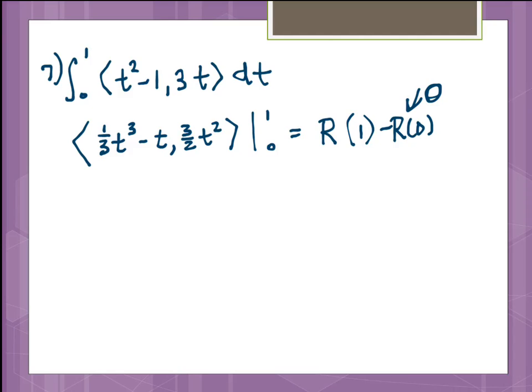All right, so if we evaluate at 1, I've got 1/3 minus 1, and I've got 3/2 times 1. So what's 1/3 minus 1? Negative 2/3, and then 3/2.